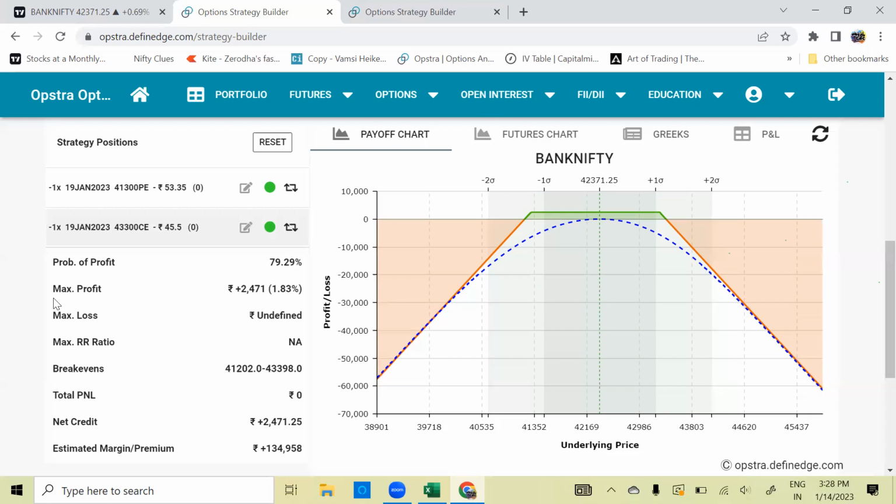Hardly one or two trading days in a month, we will feel a little pressure on trading strangles, but the remaining days it will work much better even with naked selling. And we will add the concept of inside hedges there, so it will give much better results than iron condor.